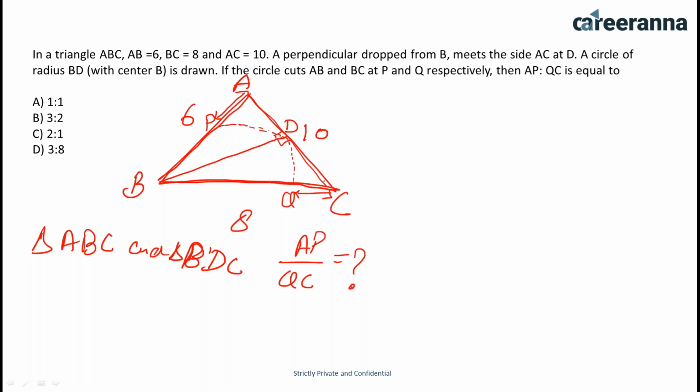By making these two triangles similar, you can set up a relation between them, and then you can find out the values of AB, BD, AC, and BC, whatever is given to you, and then you can calculate it.